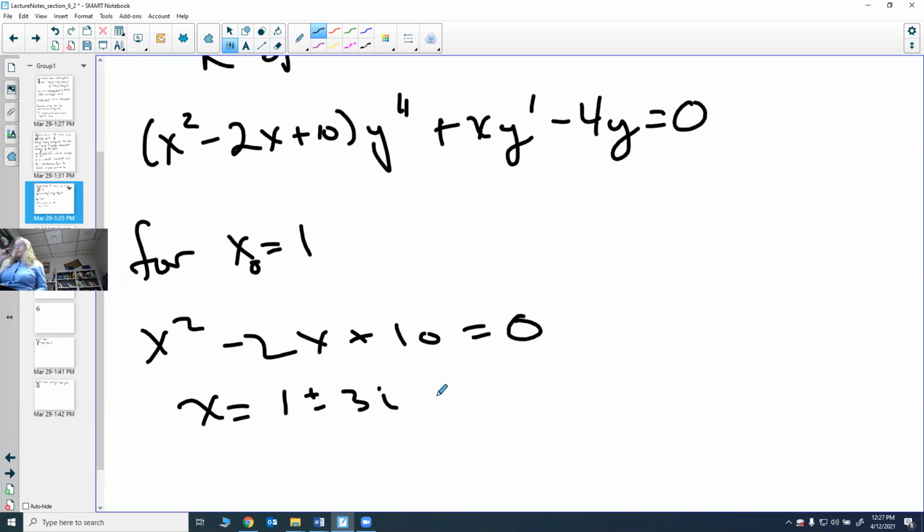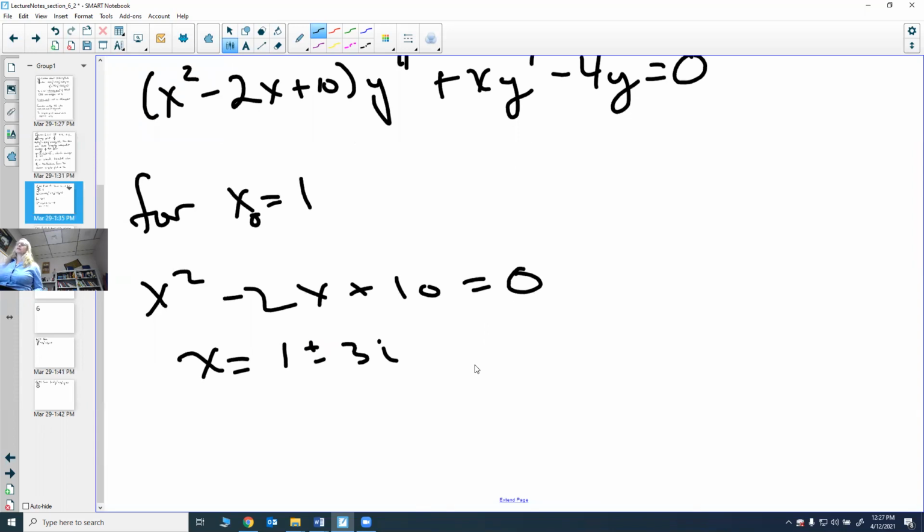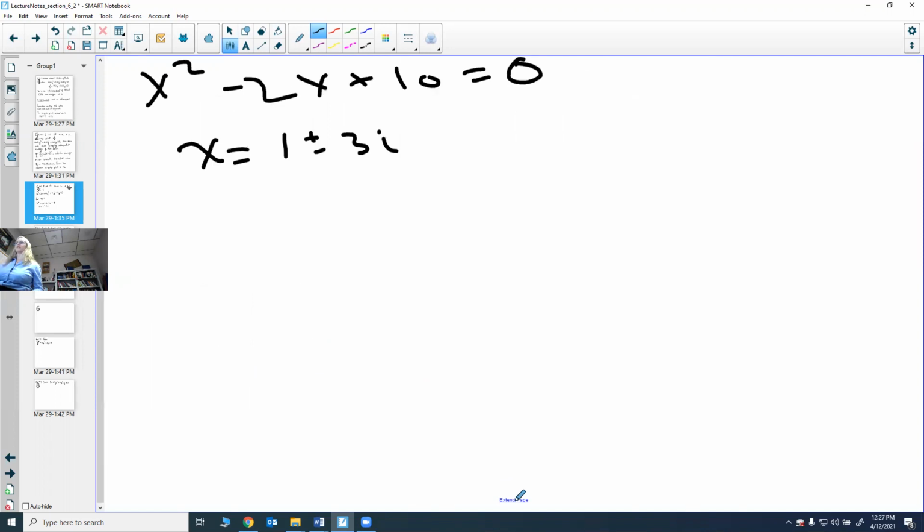And you're like, oh great, complex numbers, everything's fine. But that's not exactly true. r is the distance from that zero to this point. You haven't probably spent much time with complex numbers, but in the complex plane we can actually talk about that distance.